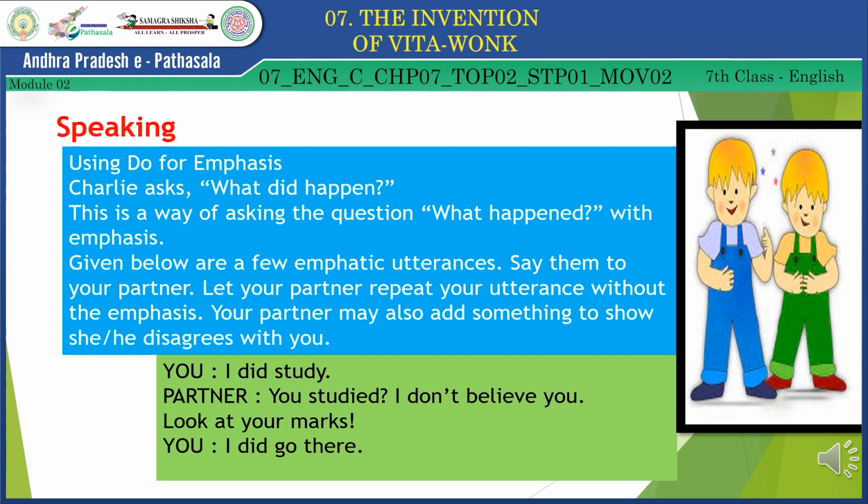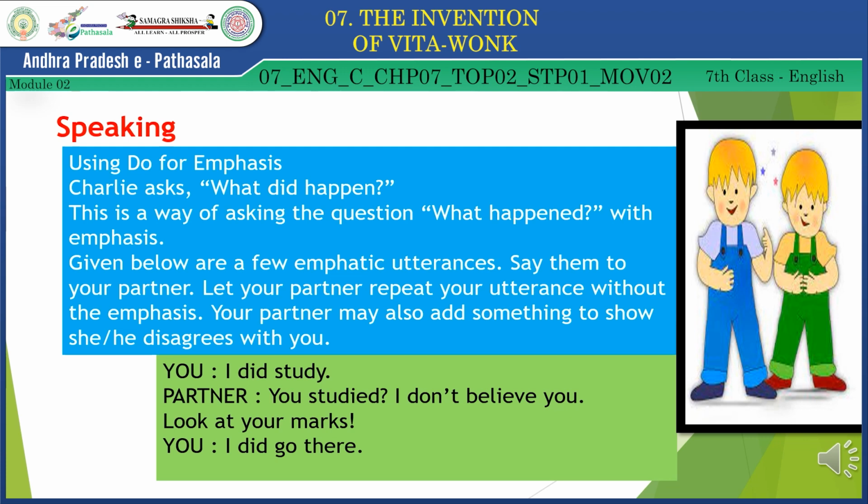Say them to your partner. Let your partner repeat your utterance without the emphasis. Your partner may also add something to show he or she disagrees with you. So, basically, now you have all these sentences with the emphasis where you can use do, did, does, etc.